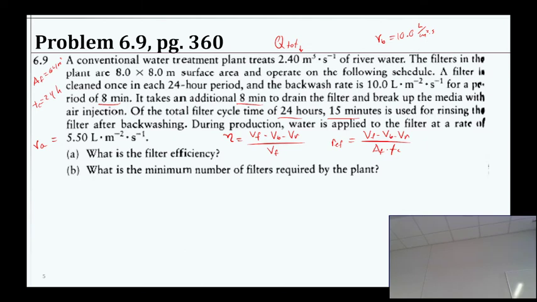Would that be the total time minus the minutes of everything else? So yeah, it's time filtered. We know what everything else is: 24 hours, 8 minutes of one, 8 minutes of another, and 15 minutes of another.